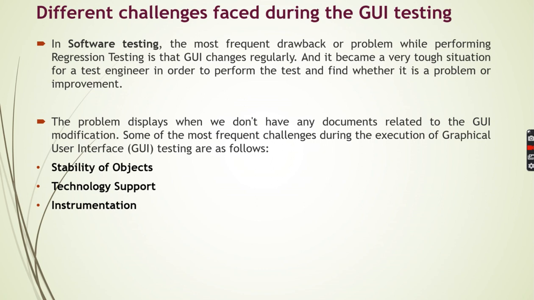GUI testing tools. In order to identify bugs or defects which occurred during the design phase, we use a graphical user interface testing tool, which helps to improve the quality of the software. By using tools, we can easily detect loopholes rather than implementing GUI testing manually.